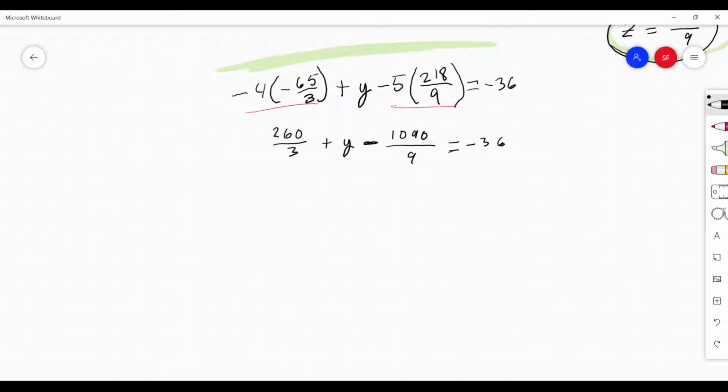So we end up with, excuse me, we're combining like terms. So we've got y minus 310 over 9 equals negative 36. So to get our final answer, we're going to add 310 over 9 to both sides.